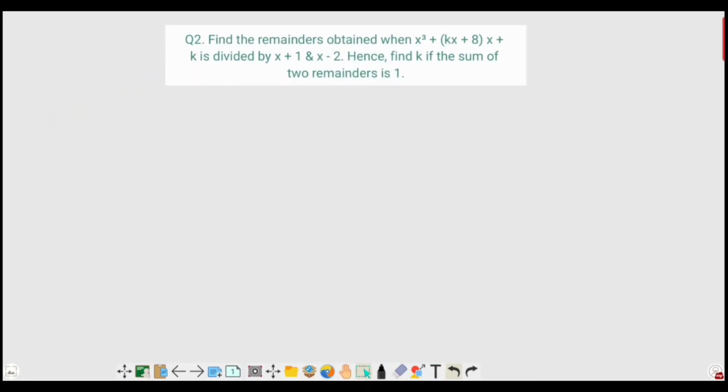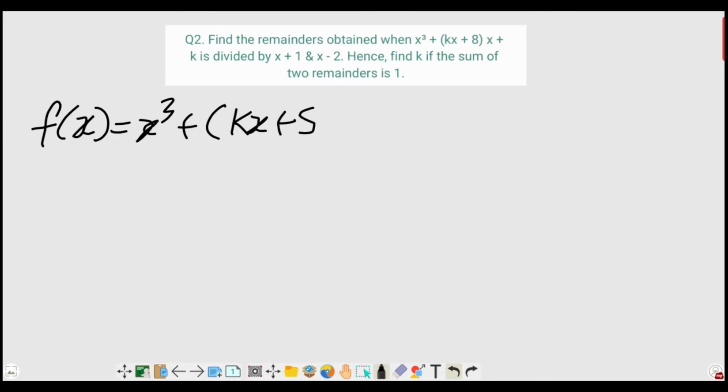Now let's solve the next sum. Find the remainders obtained when f of x is given. What is it given, students? x cube plus kx square plus 8x plus k, when divided by x plus 1.